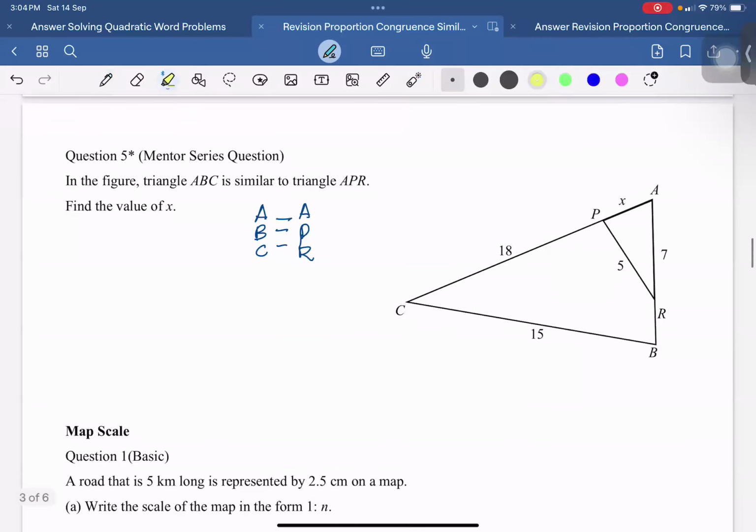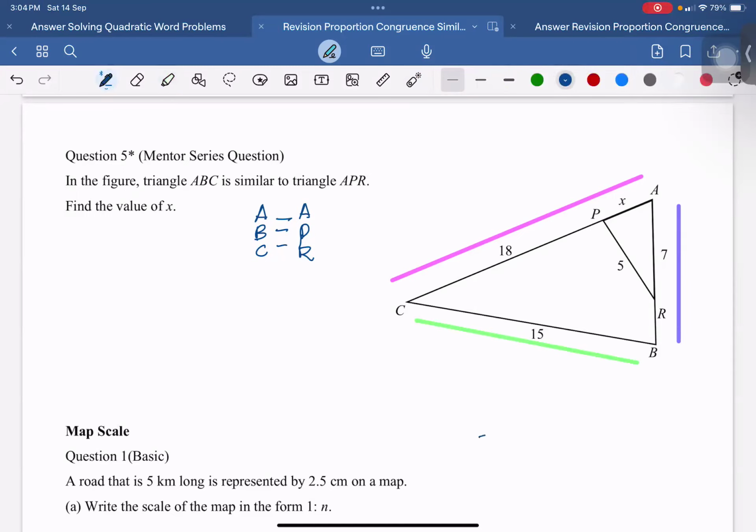Since this is ABC, pink, blue, and the green one. This is the one that has all the measurements, right? So I'll draw out a smaller version with pink, blue, green. Then we match the labeling as well.